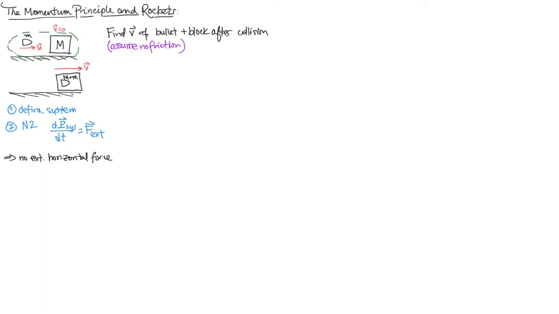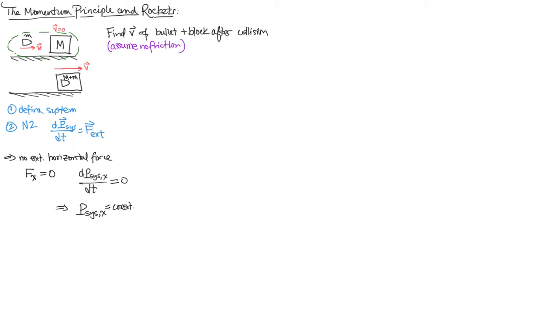If there's no external horizontal force, that tells us that the force in the x direction is 0, which tells us that dp system in the x direction over dt is 0, which tells us that p system in the x direction is a constant.